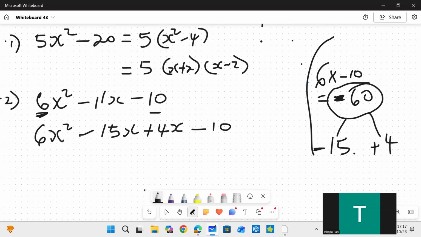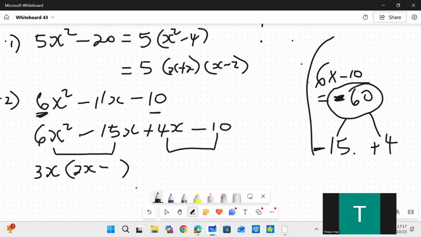Therefore, we take out the common factor between these two and the common factor between these two. The common factor between 6x squared and minus 15x will be 3x. What will be left inside the bracket will be 2x, and from 15x we are left with minus 5. Then between 4x and minus 10, the common factor is 2. What will be left is 2x minus 5.